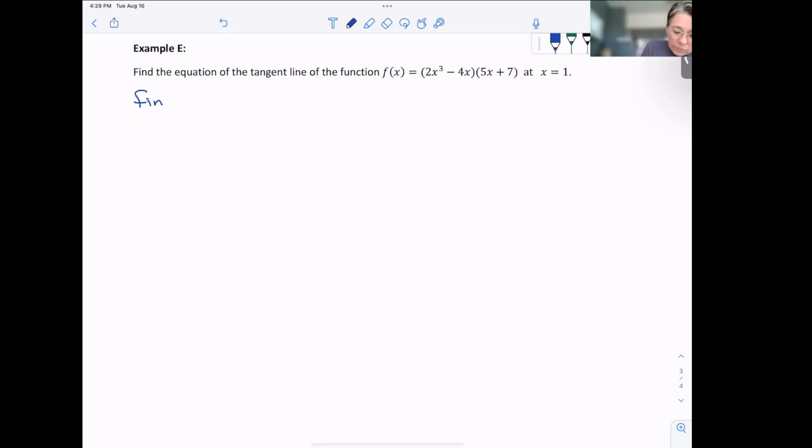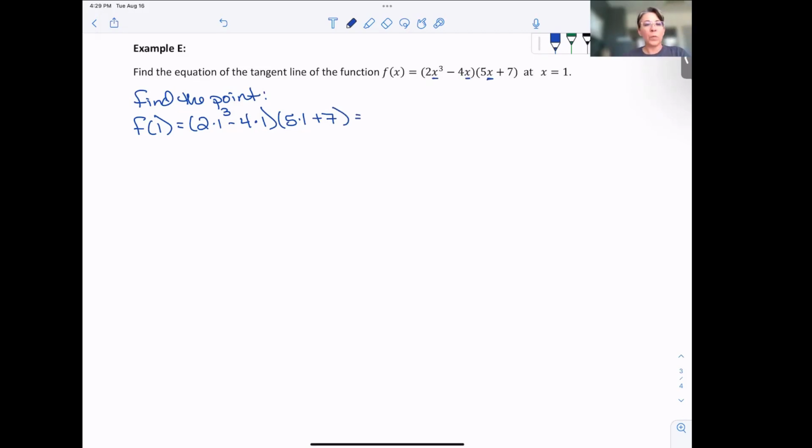Well, let's go ahead and find the point, which means we have to find the function value at 1. So we're going to plug in 1 for all of our x's. We have 2 times 1 cubed minus 4 times 1 times 5 times 1 plus 7. Again, that's plugging in 1 into all of those x's. Using our order of operations, 1 cubed is just 1.